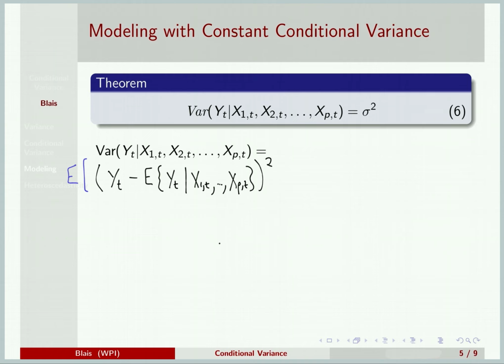But that outer expectation is a conditional expectation, so conditioning on x1t up to xpt. Again, this is the definition of your conditional variance. We are using the definition of variance, but replacing the expectations with conditional expectations.